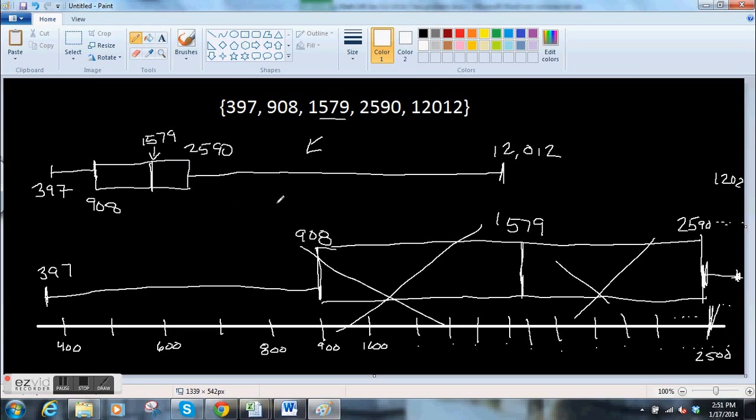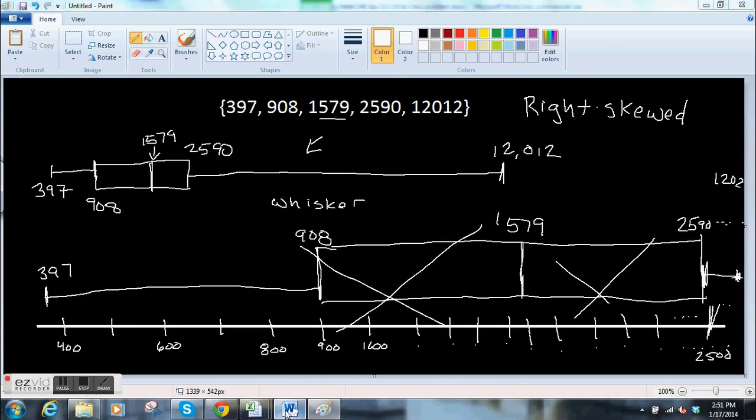Sometimes they call it the whisker. Because this long whisker is to the right, you could see that this distribution was right skewed.